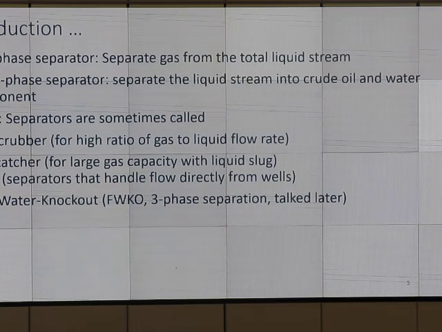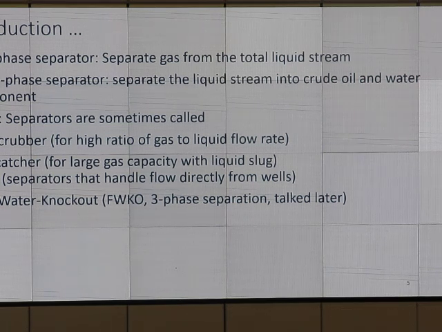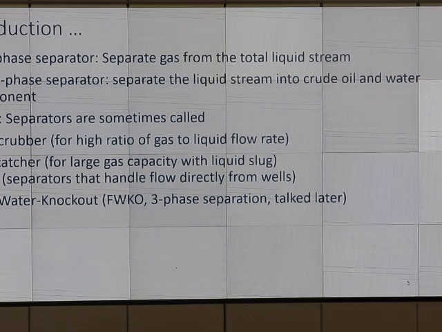Two-phase separator separates gas from liquid. Okay, three-phase separator can separate the liquid stream into crude oil and water too. So we get crude oil and water. Name of separator, sometimes they call it gas scrubber. So this is for high ratio of gas to liquid flow rate. Sometimes we call it slug catcher.